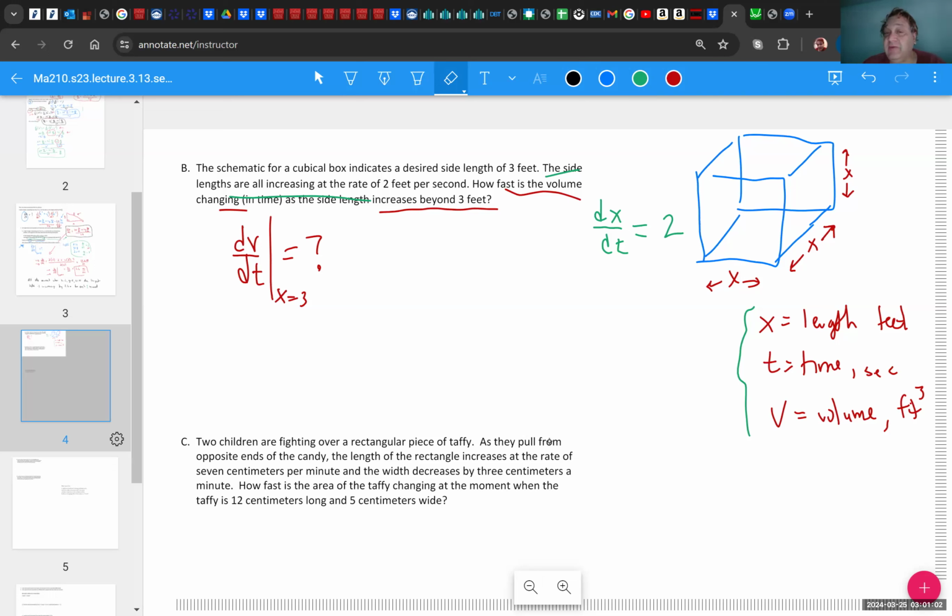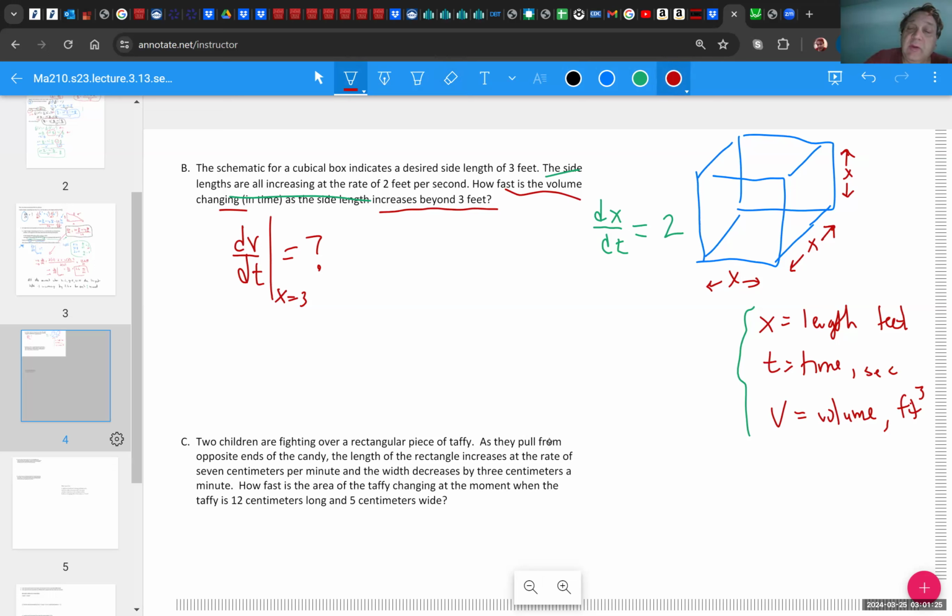We're given some information. In order to find dV/dt, we have to find some equation with V in it and differentiate it with respect to t. You can be flexible a little bit in terms of what equation you want, but sometimes it's much easier to find some equations than other equations. In this case, the volume of a cube is pretty easy to look up or even remember.